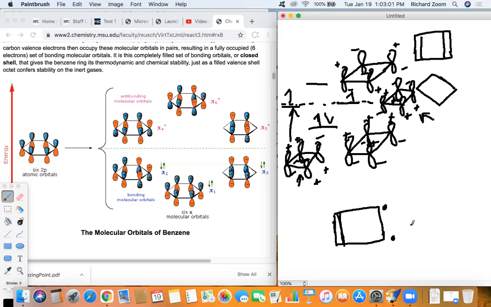So what it will do is it will actually twist out of the plane. This is highly exaggerated, but it will twist out of the plane so that those two electrons can actually bond. So if it twists, then this is no longer a problem, because it's no longer flat. So if you were to beat this down with a hammer to make it flat, the two electrons would actually unbond. Do you understand that, Donna?